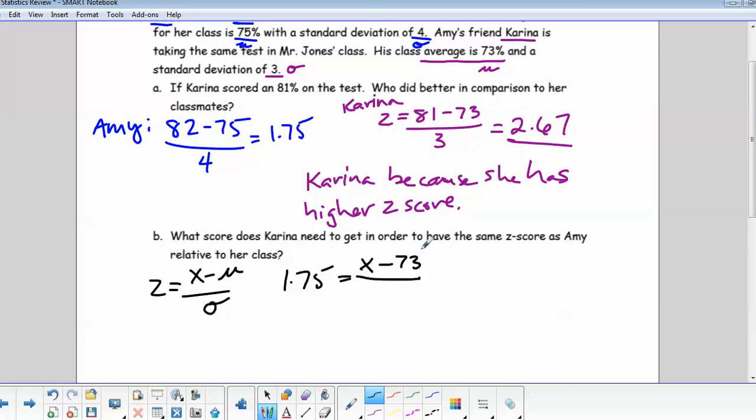Oh wait, 73. Standard deviation here is 3. You're going to multiply both sides by 3. And then you're going to add 73. So x is going to equal 3 times 1.75 plus 73, and I get 78.25.